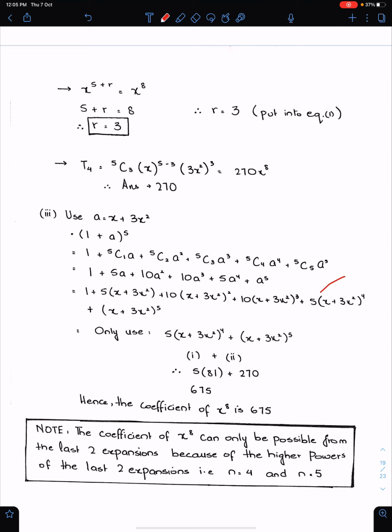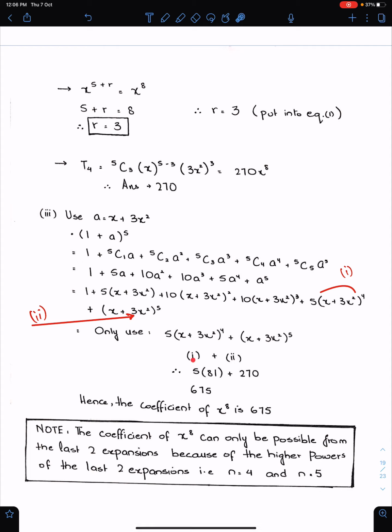This expansion is used in part 1, whereas this expansion is used in part 2. So with the help of the answers of part 1 here and part 2 here, we can get the answer of this part.